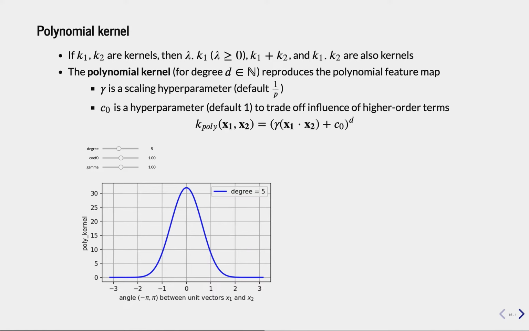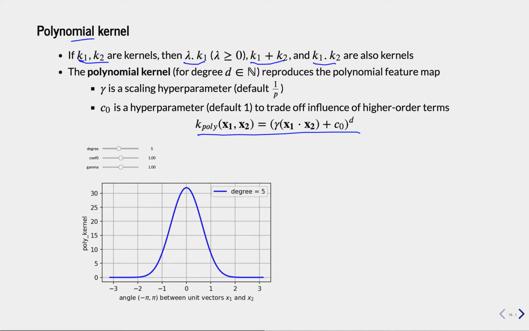The polynomial kernel can actually be constructed out of other kernels. There's a rule that says that if we have 2 kernels, then any scalar times our kernel is also a kernel, any sum of 2 kernels is also a kernel, and any product of 2 kernels is also a kernel. And so any combination of these is a kernel, and the most obvious example of this is the polynomial kernel, which is defined like this.